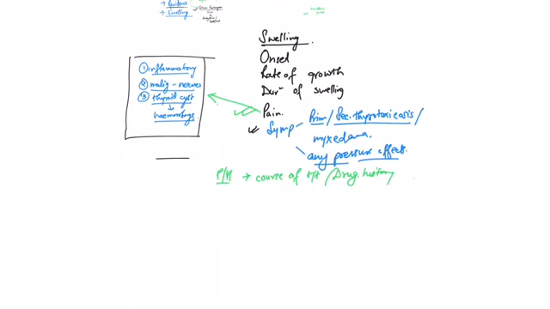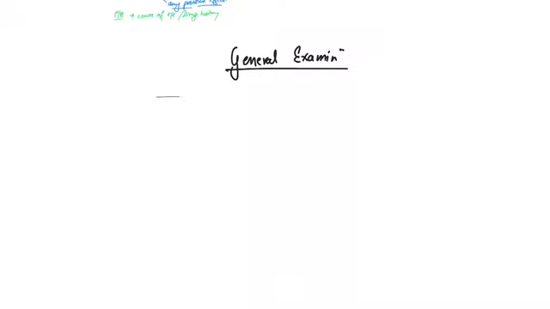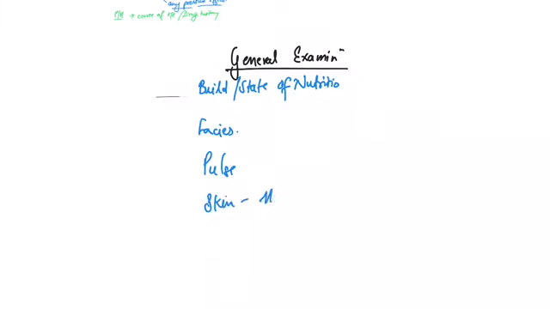Okay, let's proceed further. After the history taking, you proceed towards the general examination. Here you should have a look at the build and state of nutrition of the patient, the facies, pulse rate, and skin, whether it's moist or dry.